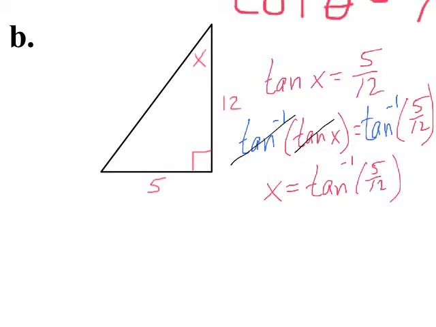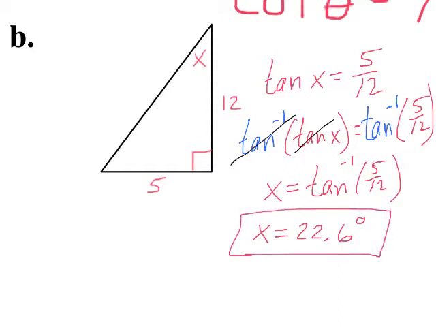Now on your calculator, you have an inverse tangent button. You'll see it's right above the TAN button, and you'll usually have to hit second or shift. What that's going to do is tell us what angle will make this true. So if I hit inverse tangent of 5/12, you should try that too, and round to the nearest tenth, you should come up with X to be 22.6 degrees.